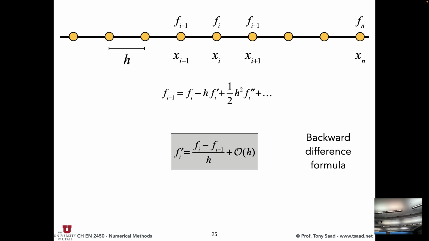Okay? So you can apply the forward difference everywhere until you hit that last data point, and then you apply the backward difference. Or you can apply the backward difference everywhere until you hit the first point where you apply the forward difference. Both methods have the same order of accuracy, so there will not be a significant difference.